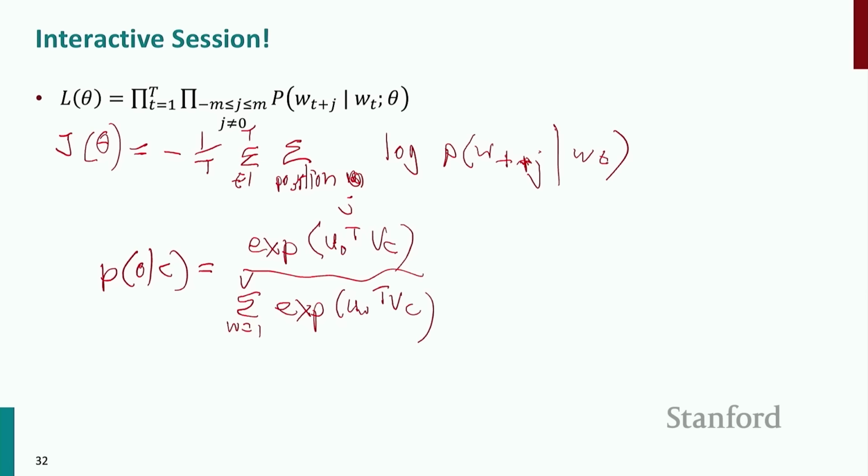Okay, so to work out how to change our parameters, so our parameters are all of these word vectors that we summarize inside theta, what we're then going to want to do is work out the partial derivative of this objective function with respect to all the parameters theta.